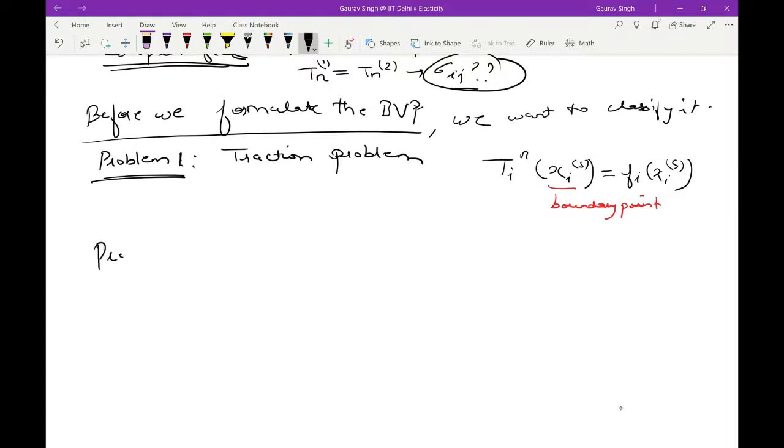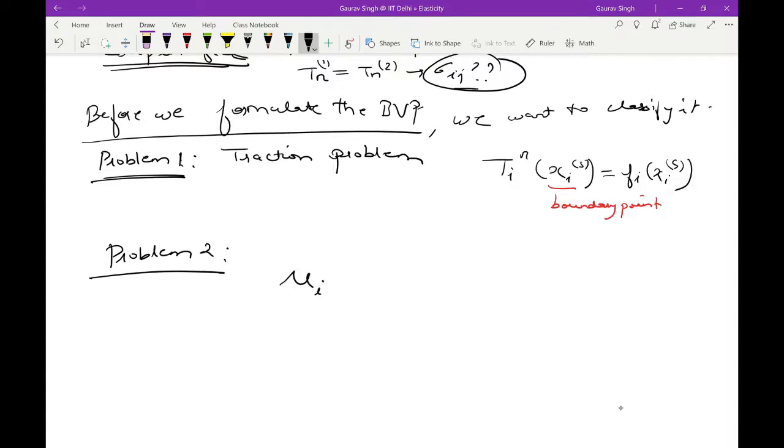The problem 2 is the same. We have to find the displacement, strains and stresses in the interior of an elastic solid which is in equilibrium, and the body forces given, given that the distribution of displacement is prescribed over the surface of the body.